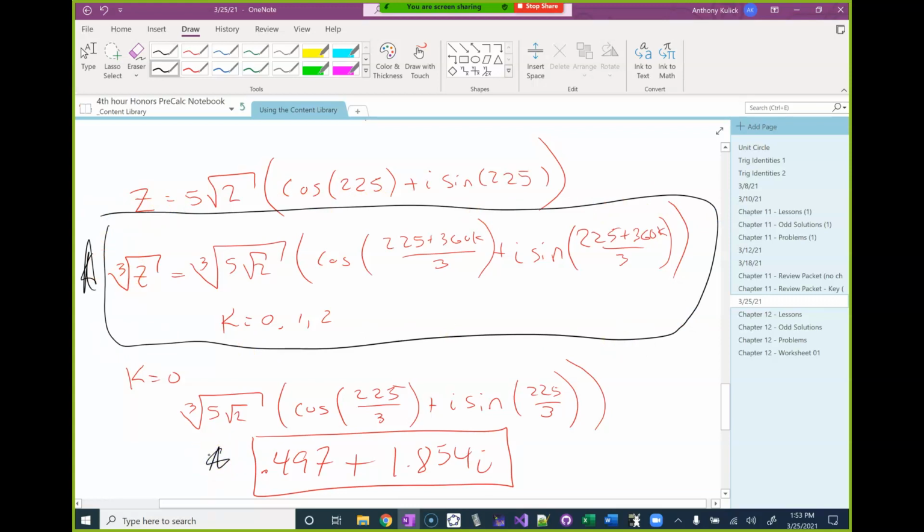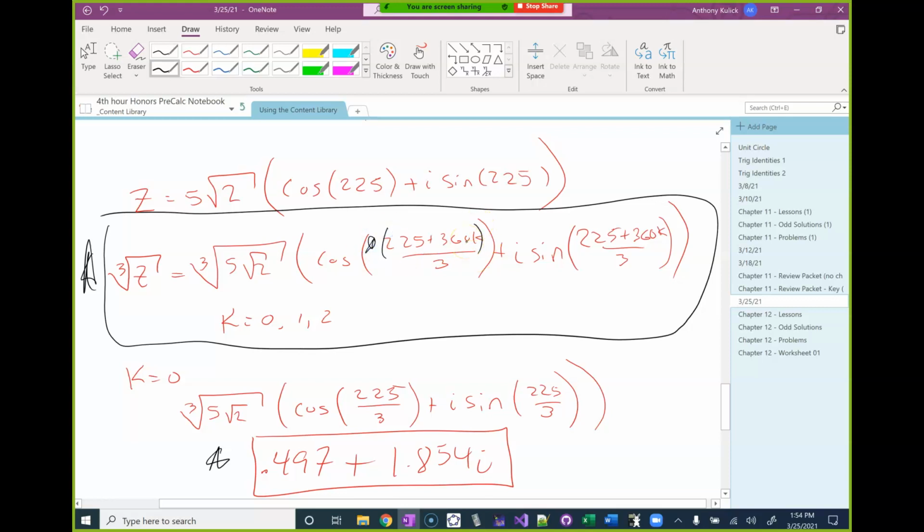Just the K value, because all you're doing is changing that value for K. And if you get the right numbers, obviously you did it right. And if you didn't get the right numbers, it would most likely be that you screwed up a parenthesis, like you didn't put 225 plus 360 in parentheses before you divide by 3 or something silly like that.